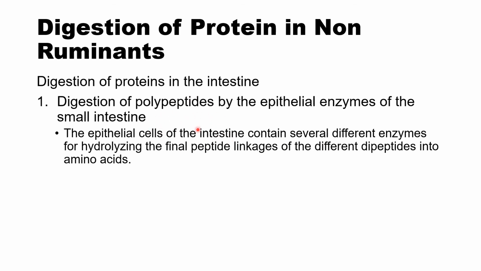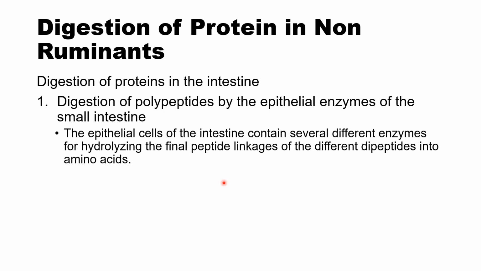Another digestion na mga ganap is yung digestion of polypeptides by the epithelial enzymes of the small intestine, yung susunod, since na-digest na yung protein into polypeptides and amino acids. So, yung epithelial cells dun mismo sa small intestine will contain several different enzymes for hydrolyzing the final peptide linkages of the different dipeptides into amino acids.